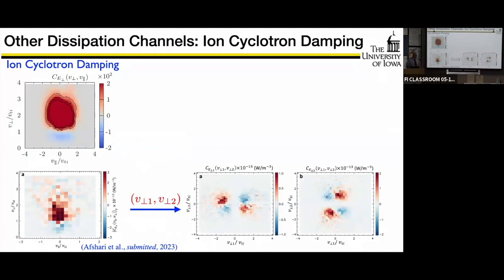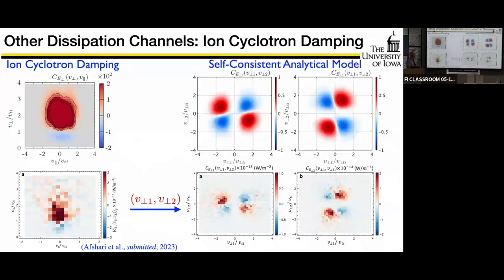So what we did was we took a linear Vlasov-Maxwell dispersion relation solver and solved for what you would expect to see in this case for a damped ion cyclotron wave that's undergoing ion cyclotron damping. And this is the pattern that you see. This is exactly what theory predicts you should get. So there are, of course, quantitative differences, partly because this is a single wave and this is a lot of turbulence going on.